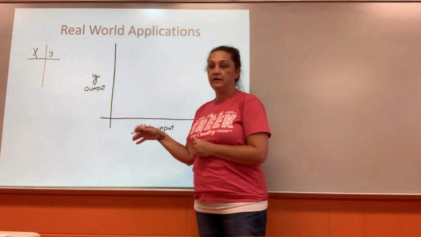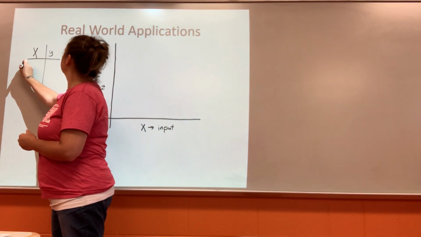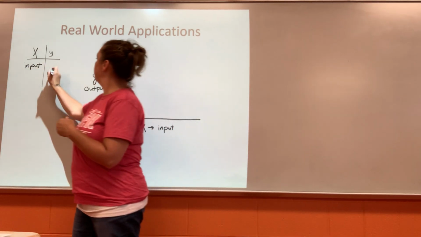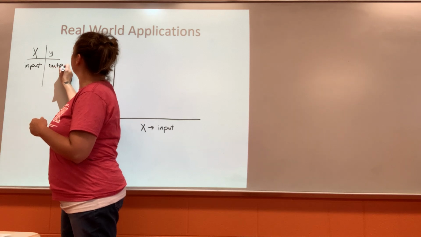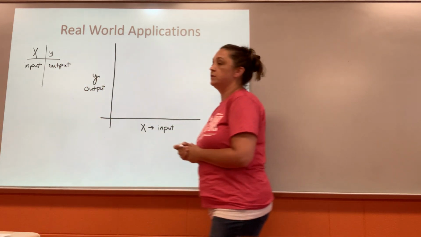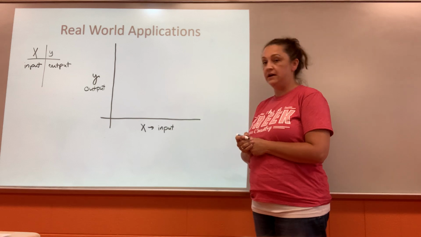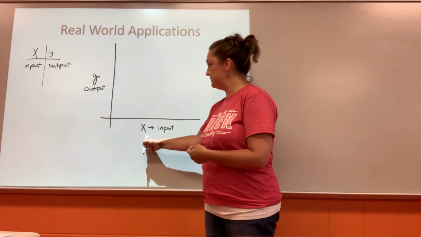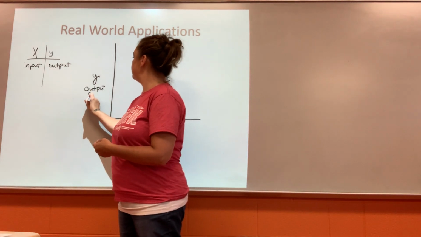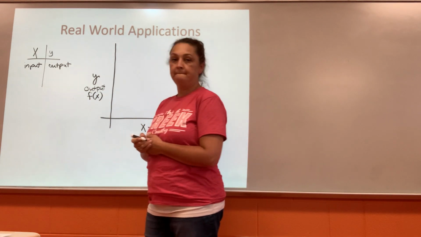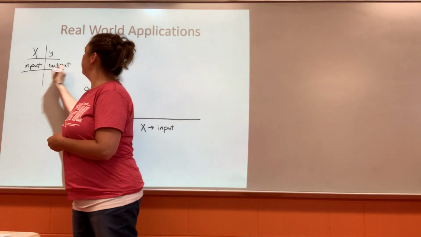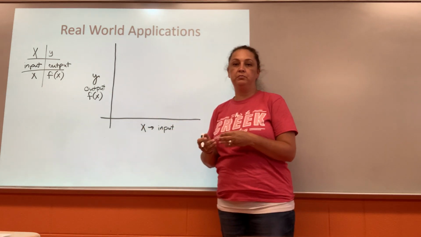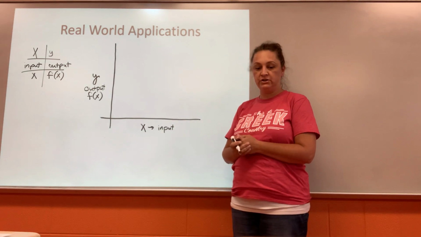On a t-chart, input goes with the x and output goes with the y value. In function notation, a lot of times this looks like x and f of x, meaning you plug x into the f function.